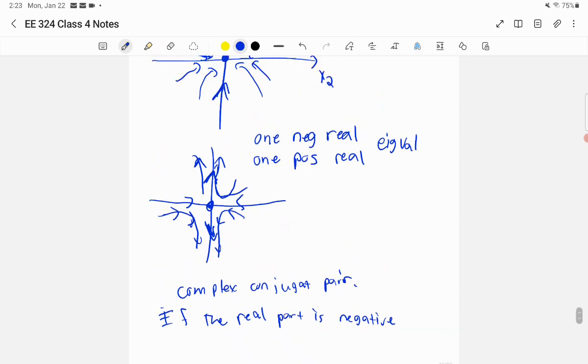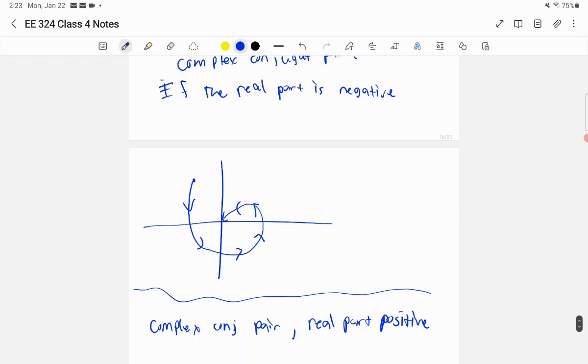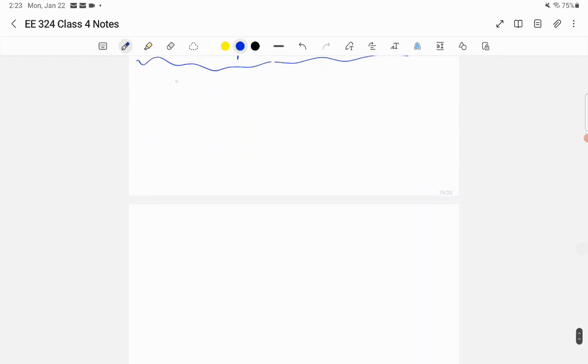So why is this important? If you know what the eigenvalues are of the system, you can tell things about, for instance, the stability. So the stability of the system is related to the eigenvalues.